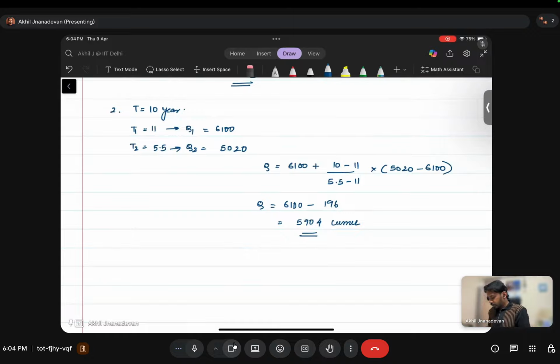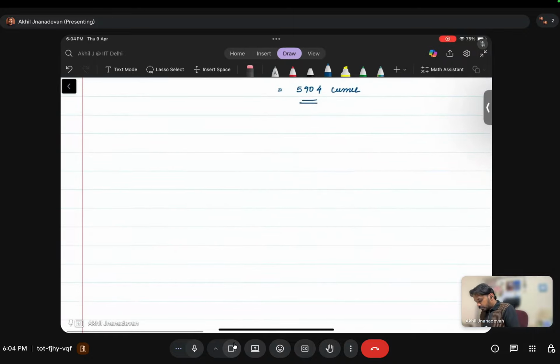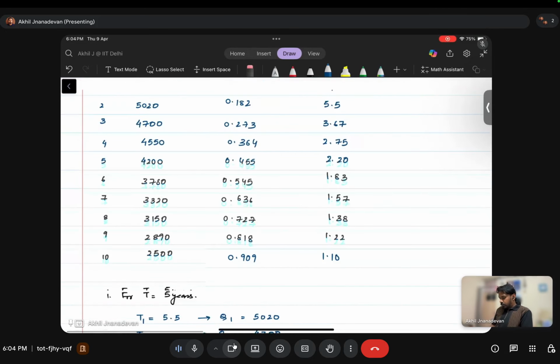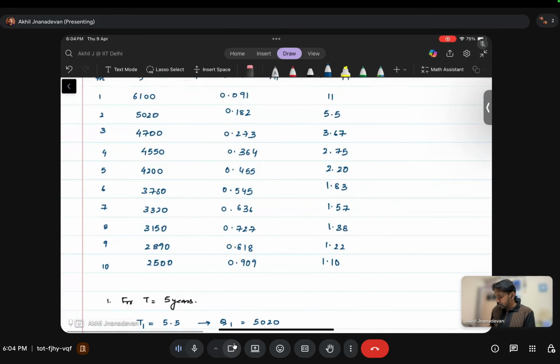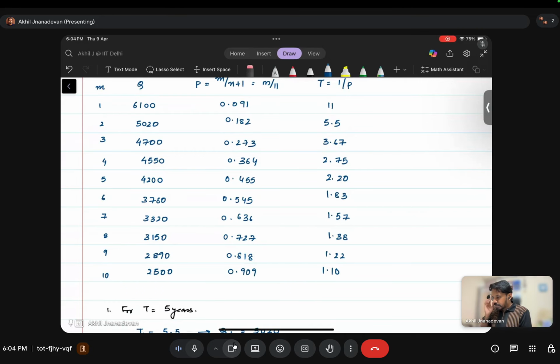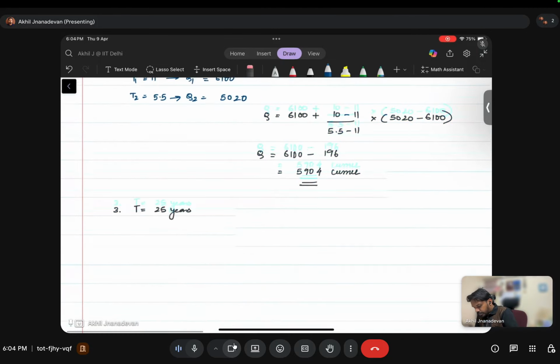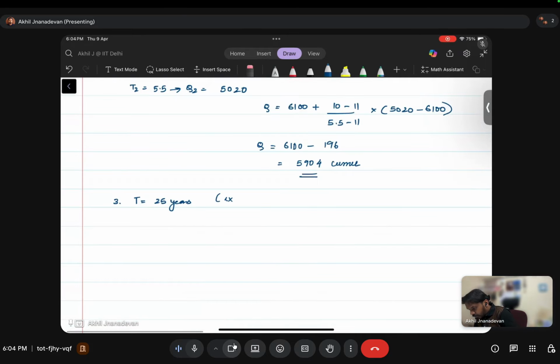Okay, so one more, the third part is T equal to 25 years. Here our T was only till 11 years, so what we need to do is extrapolation. The difference is we are going to do an extrapolation, not interpolation.